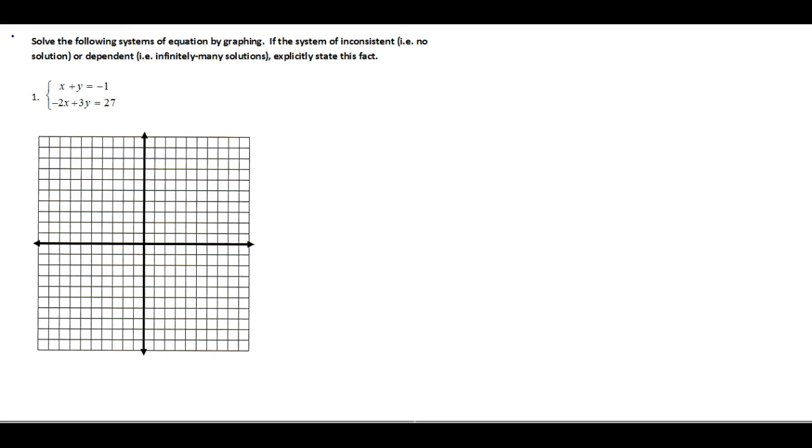And through graphing them, we want to find the point where they both intersect. And wherever that point is will be the solution to this particular system. So the approach that we're going to take to graph both of these equations will be translating the standard form or extracting from the standard form of each equation to find out what the slope and y-intercept are.